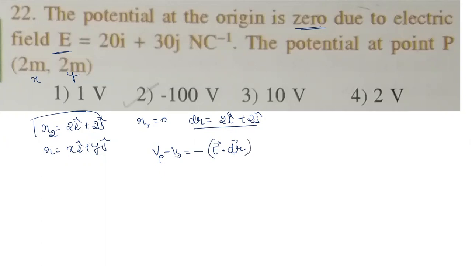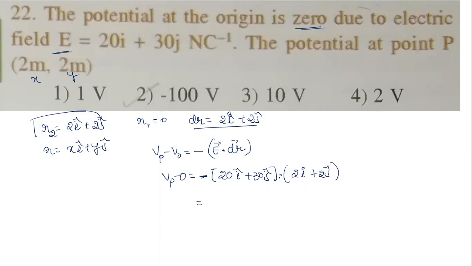The potential at the origin is 0. So the potential at P minus origin is 0 minus, and the electric field given is 20 i cap plus 30 j cap, dot 2 i cap plus 2 j cap.